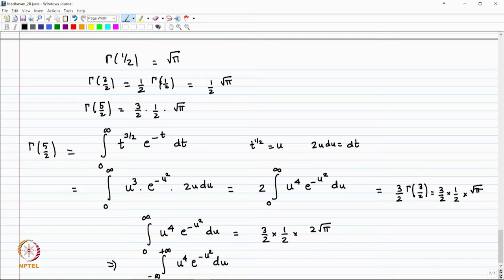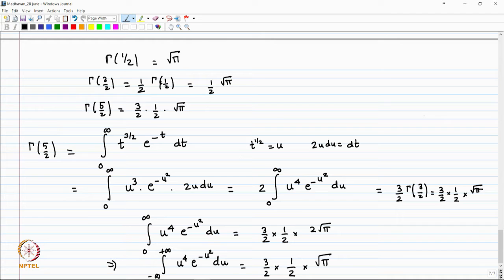So, the integral from minus infinity to plus infinity will just be twice the integral from 0 to infinity. Now, such integrals, where you have a Gaussian function multiplied by a power, appear very commonly in both quantum mechanics and statistical mechanics, and so through this gamma function we have an efficient way of evaluating these integrals.